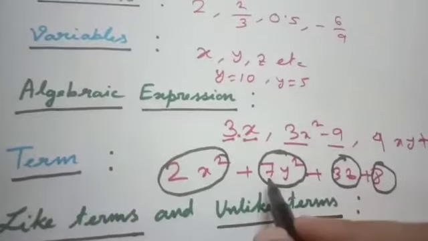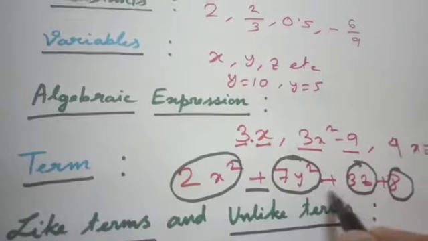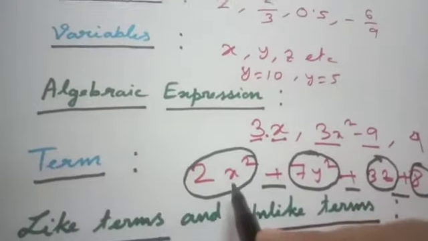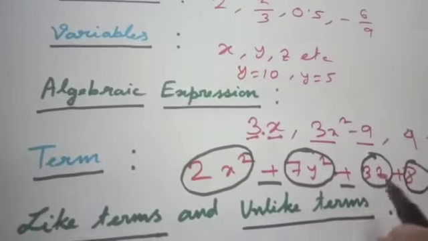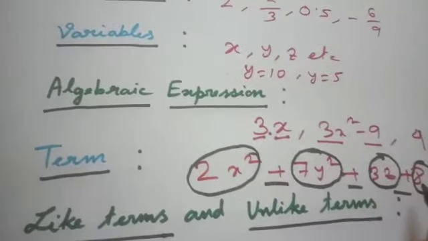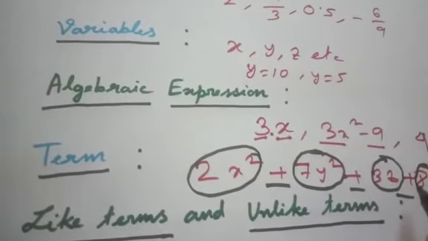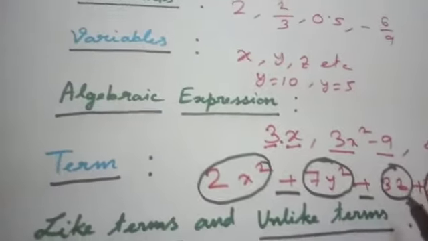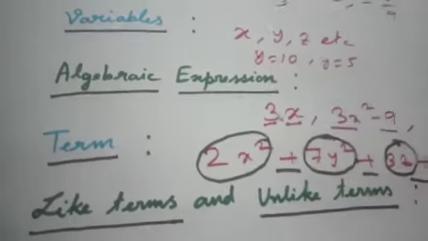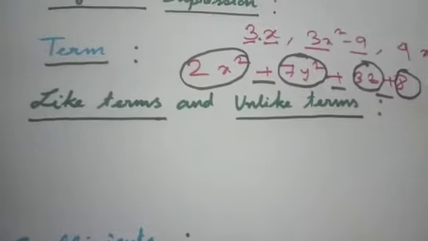So these four terms are connected by plus sign, that is 2x square plus 7y square plus 3z plus 8. It is an algebraic expression, and it is formed by 4 terms. Hope you understand.